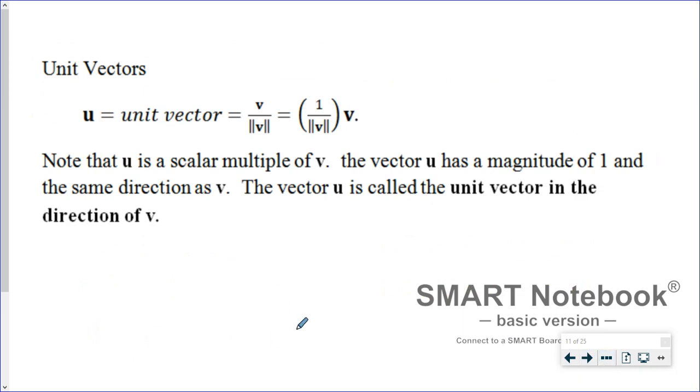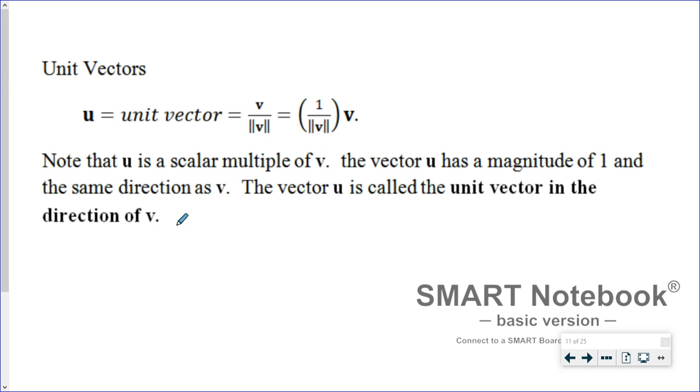Earlier we talked about a unit vector being a vector with a magnitude of 1. You can make any vector a unit vector going in the same direction as the original vector simply by dividing it by its own magnitude, which of course is the same thing as multiplying it by 1 over its own magnitude.